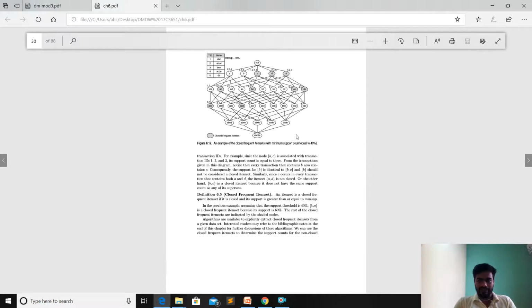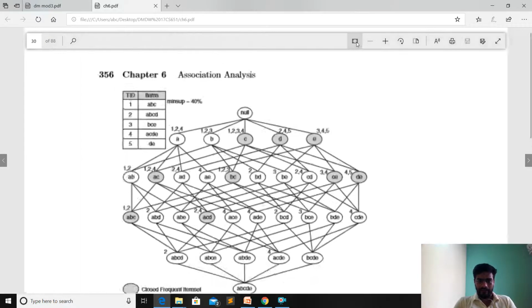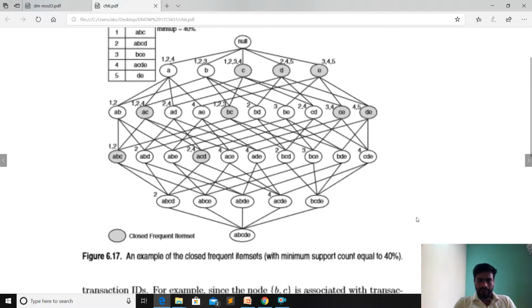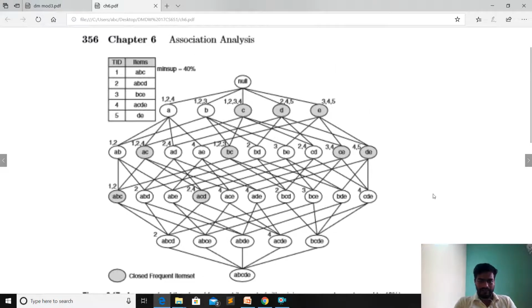Let us see this with an example with the lattice structure. The item sets with a gray circle are all called closed frequent item sets. How do we define a closed frequent item set?